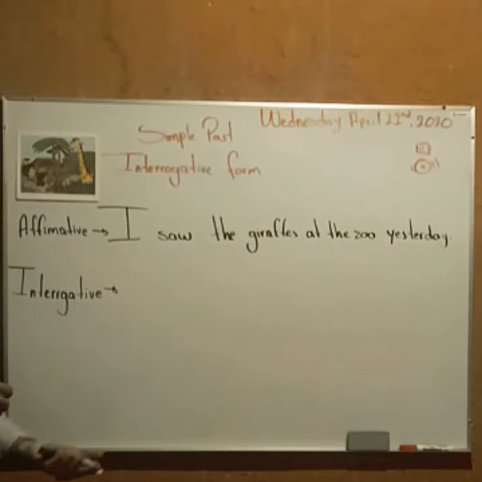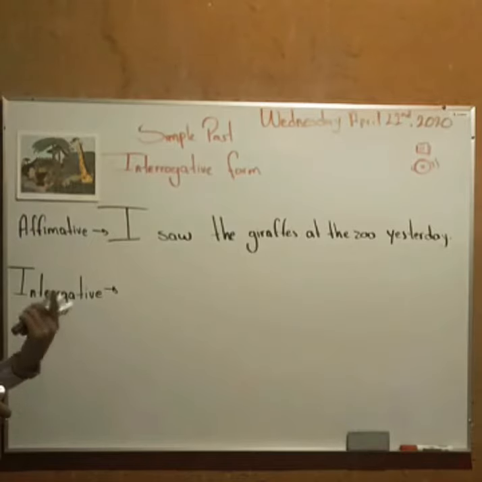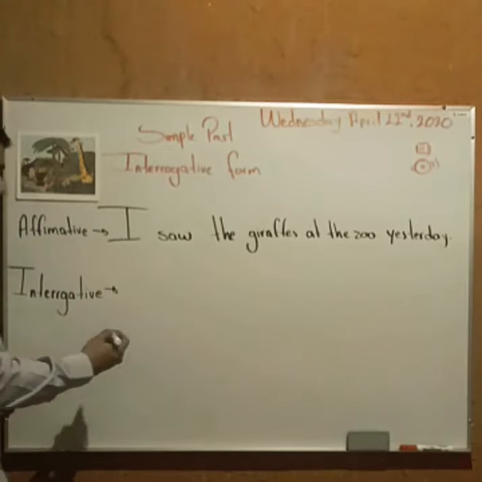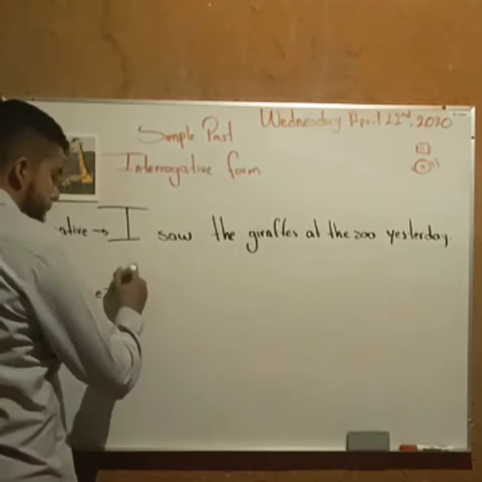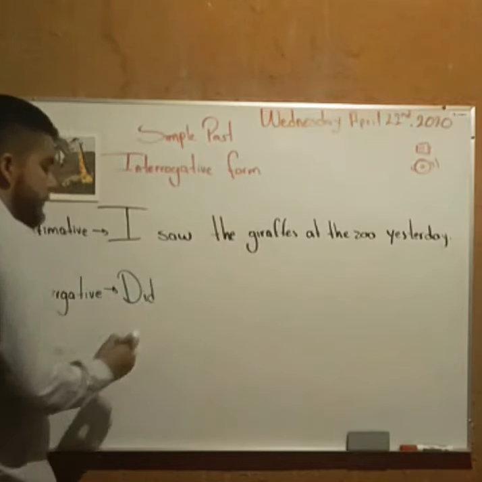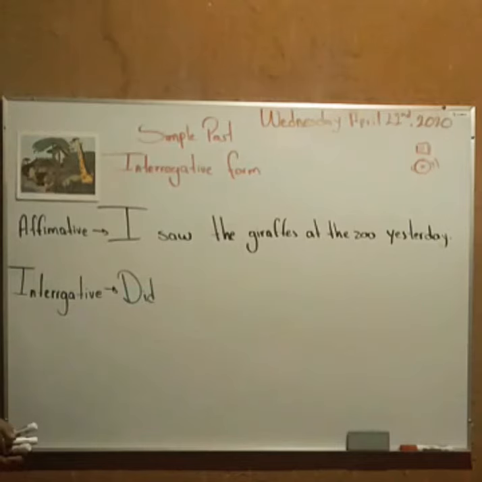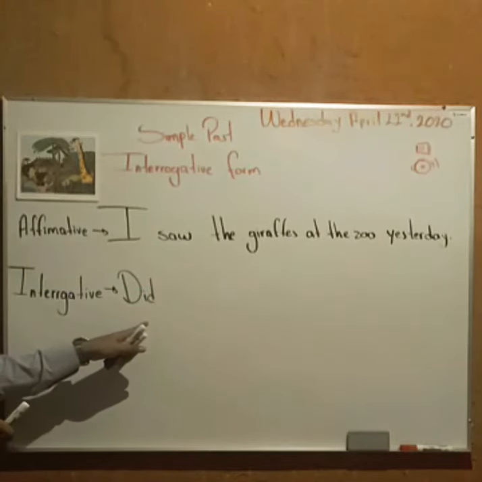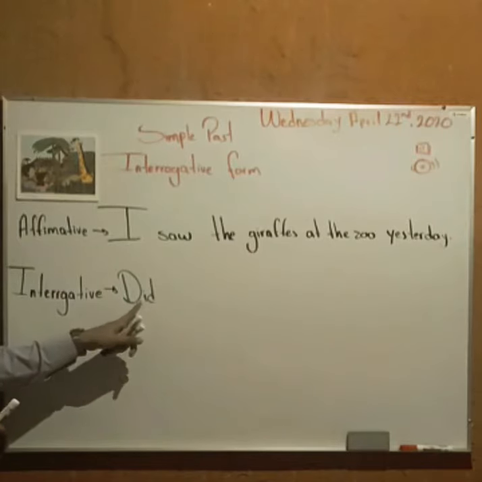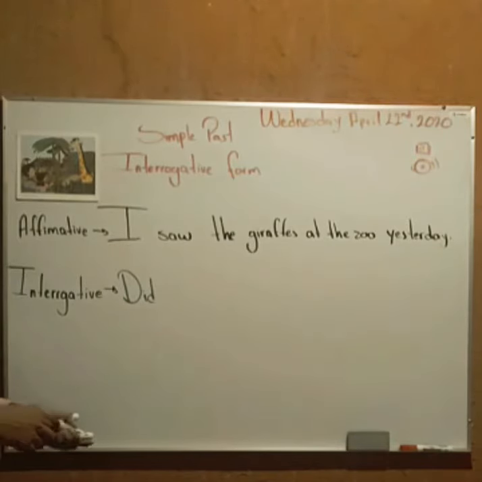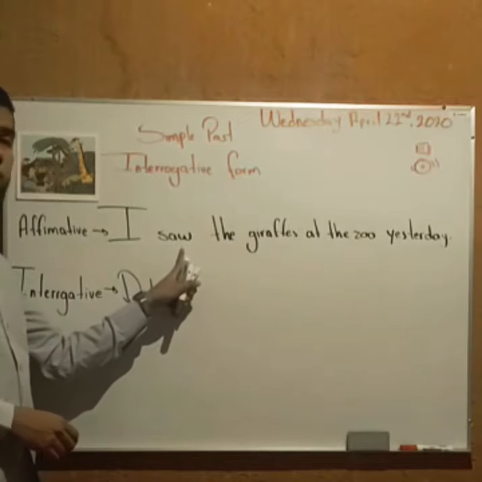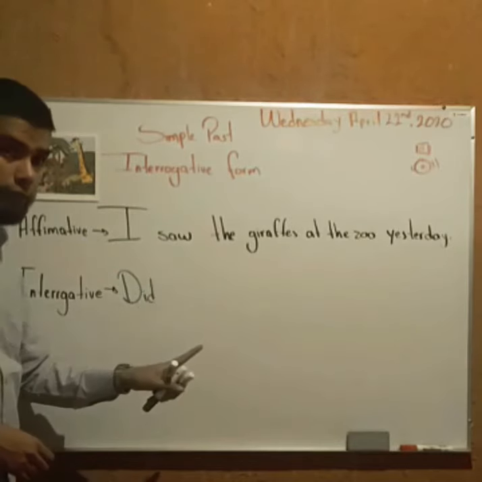Do you remember the auxiliary we're using for simple past? Yes, the auxiliary did is my auxiliary verb in past. Now, do you remember that if we have the auxiliary did in past, we cannot have the verb in past?